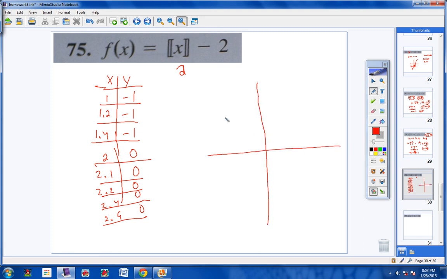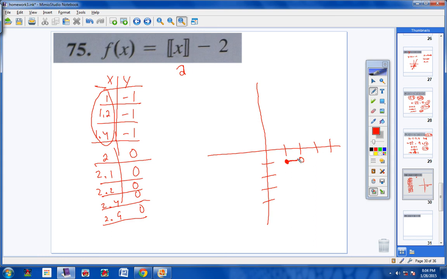Alright. For your x values, 1 going up to 2. So from 1 to 2, we're going to be at negative 1. So look at it again. From 1 all the way going up to 2, we're going to be at negative 1. That's an open point there, because 2 doesn't give you out negative 1. 2 gives you out 0.